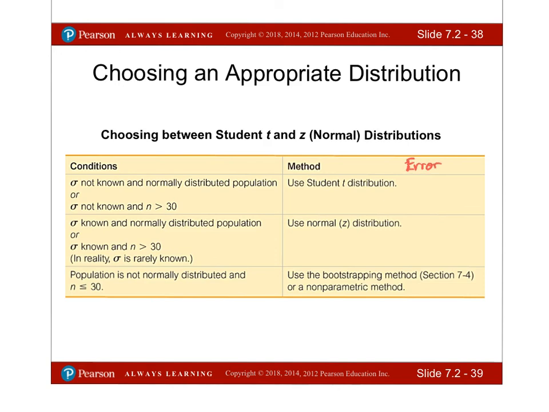So if sigma is not known, then your error formula is t times s over square root of n. If sigma is known, then your error formula is z times, not s, it's sigma, you know sigma, so let's use it, over square root of n. Okay? So those are the big two differences. Other than that, real similar approaches.